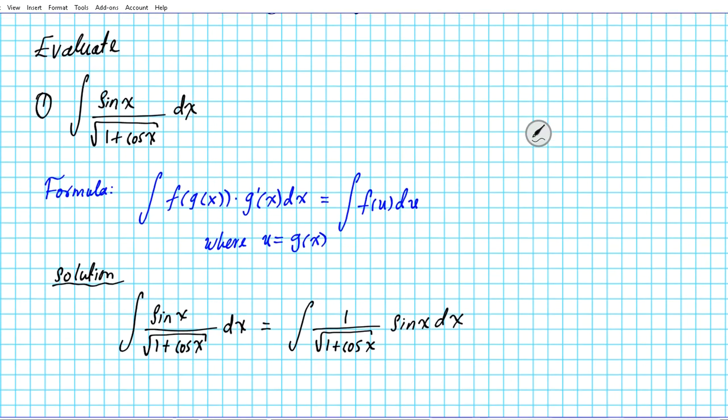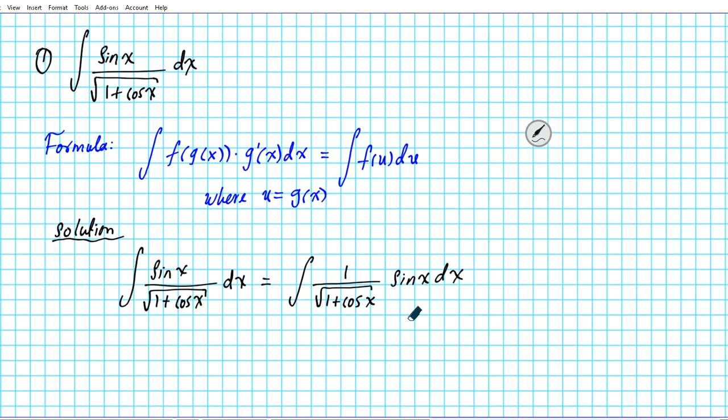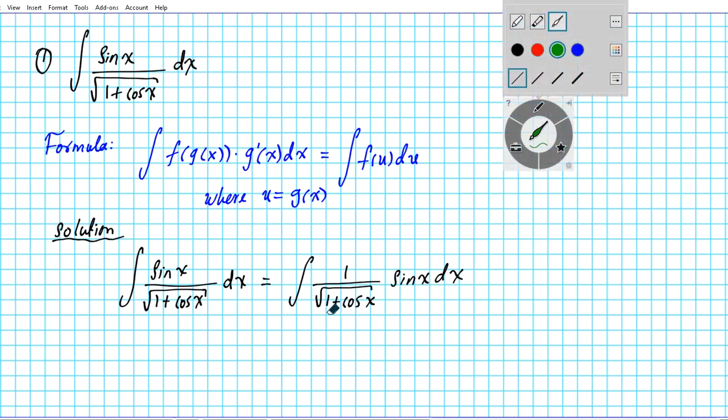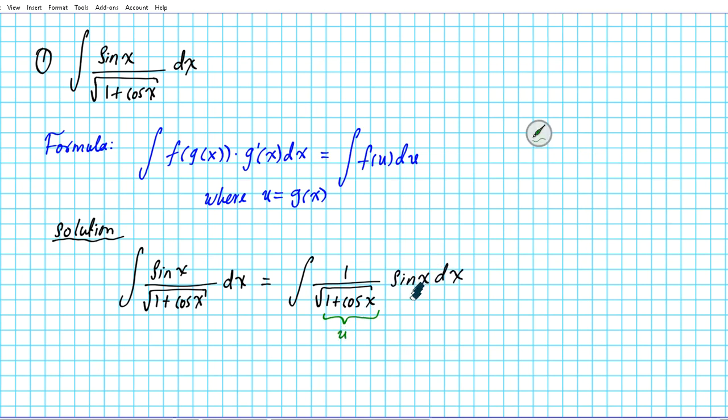The benefit of this is it makes it easy to identify what goes where. I will start with the inner function for my u, so we're going to have 1 plus cosine x be u, because that's the biggest function that I can select that, upon differentiation, leaves me a multiple of the second function. So u is 1 plus cosine x.